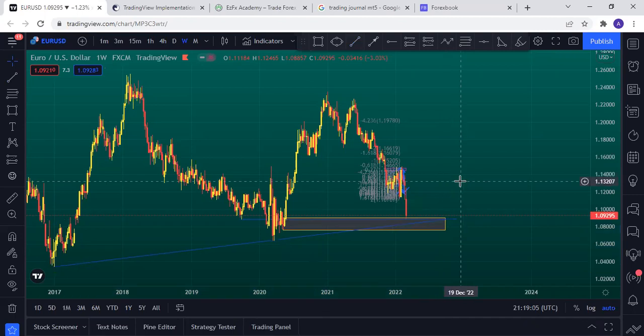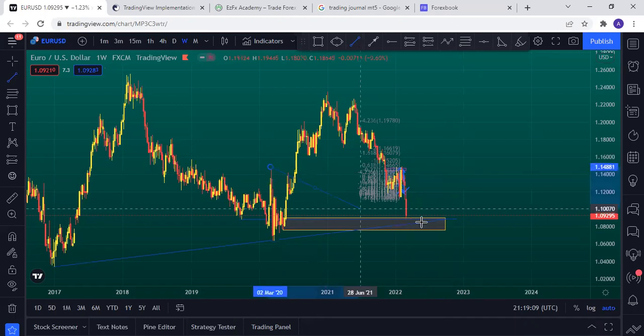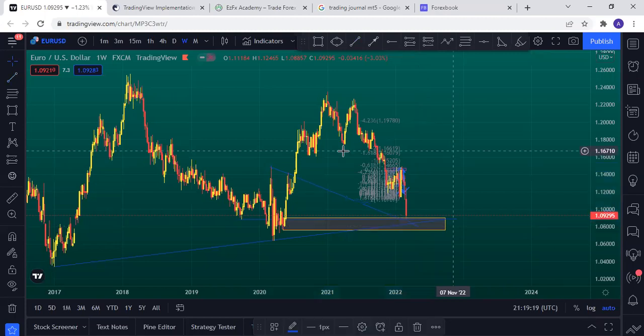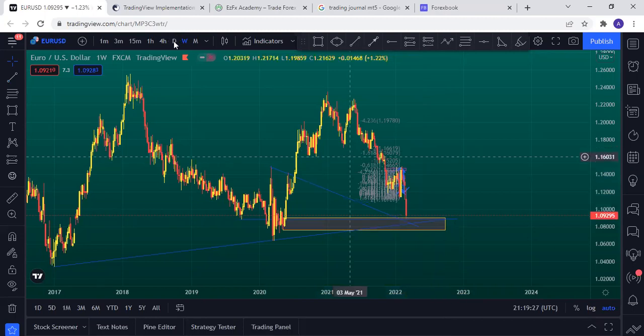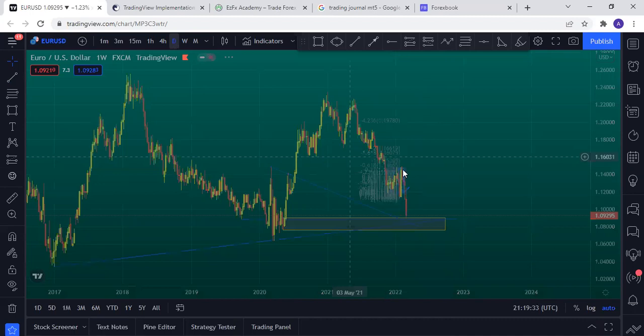This is one of the cleanest setups I would be excited to trade this week. And this is on the weekly time frame, so we should be expecting some really massive movements from Euro USD. Mr. Tim, I want to believe that you see what I'm saying too.